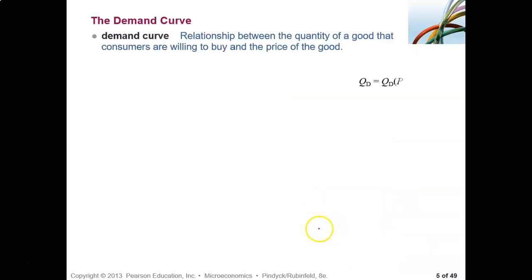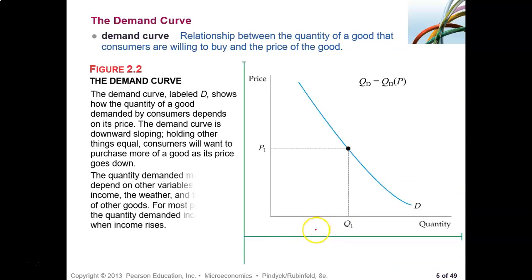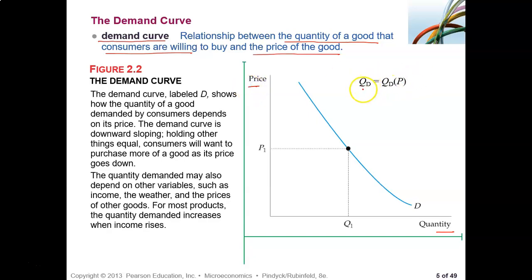Now the next thing we want to discuss is the demand curve, the demand relationship. The demand curve shows us the relationship between the quantity of a good that consumers are willing to buy and the price of the good. So we have quantity demanded plotted on the horizontal axis and price on the vertical axis, and demand depends on the price of the product.